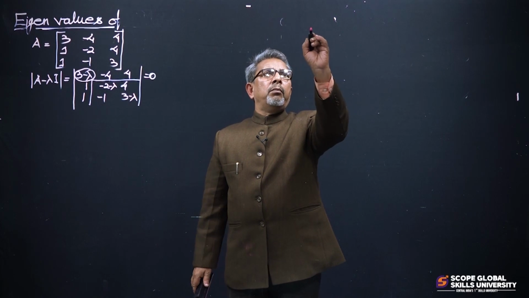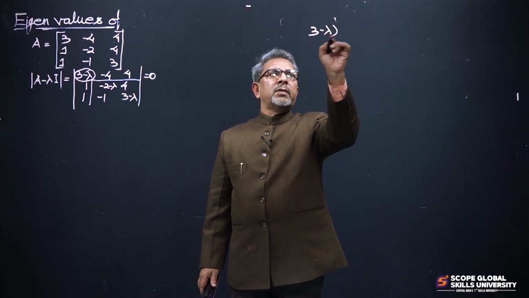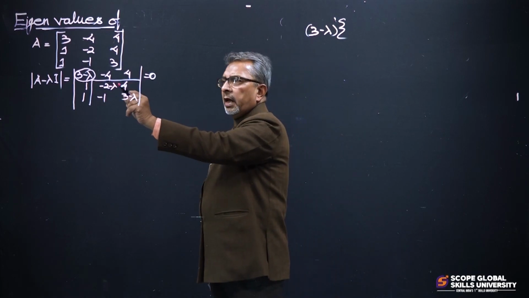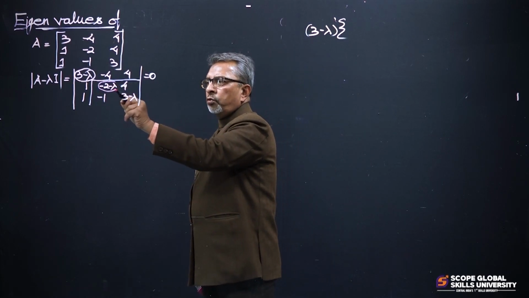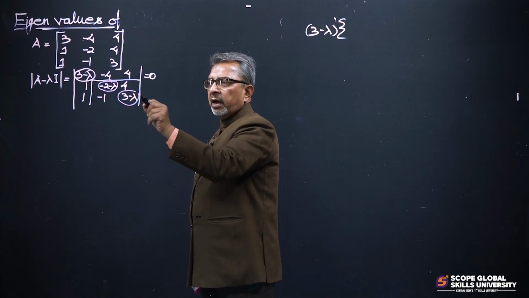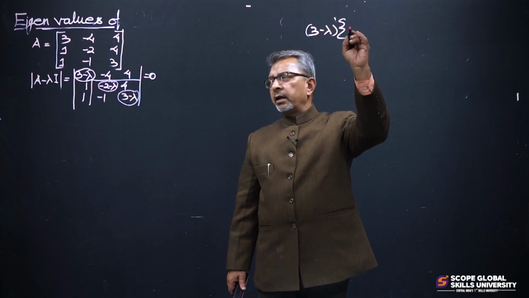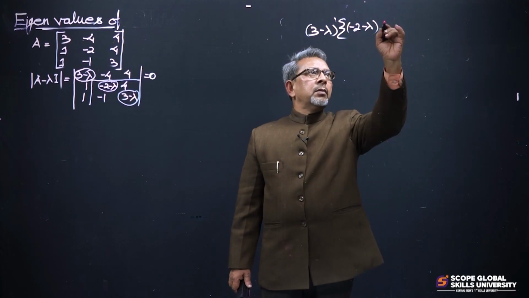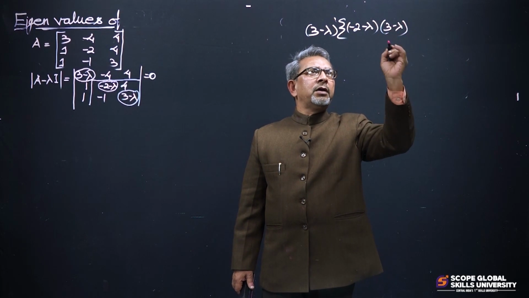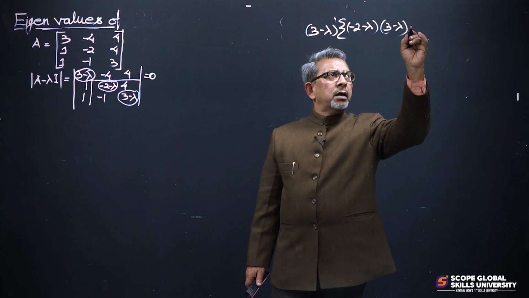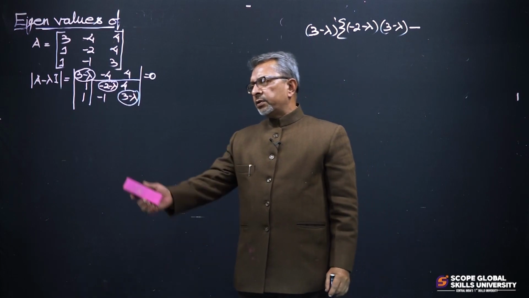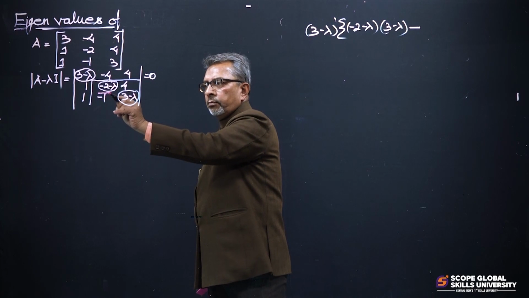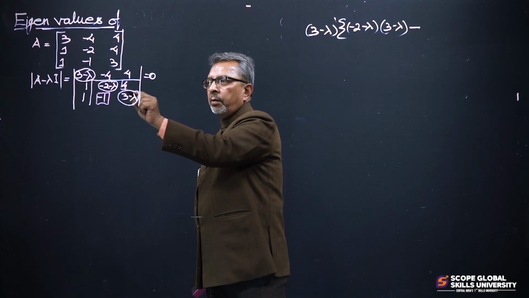So, by multiplication, 3 minus lambda is to be multiplied by minus 2 minus lambda with 3 minus lambda, and minus, that means subtracted from, minus 1 multiplied by 4.